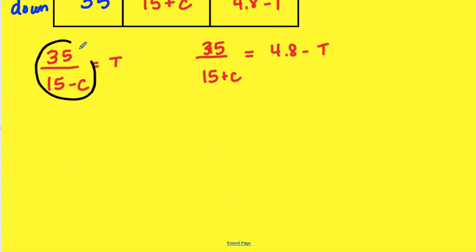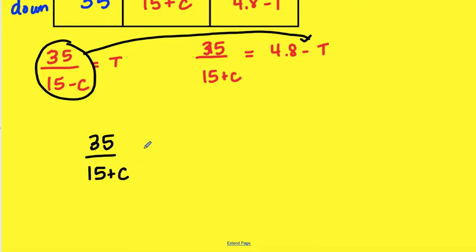I'm going to replace T with 35 over 15 minus C. So I get 35 over 15 plus C equals 4.8 minus 35 all over 15 minus C.